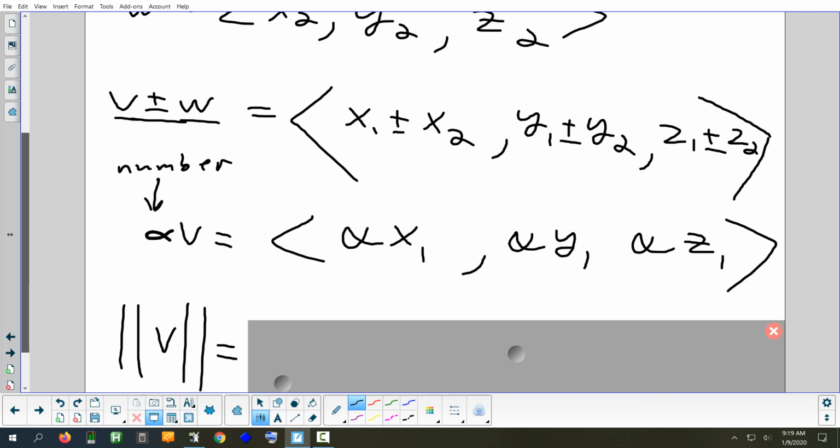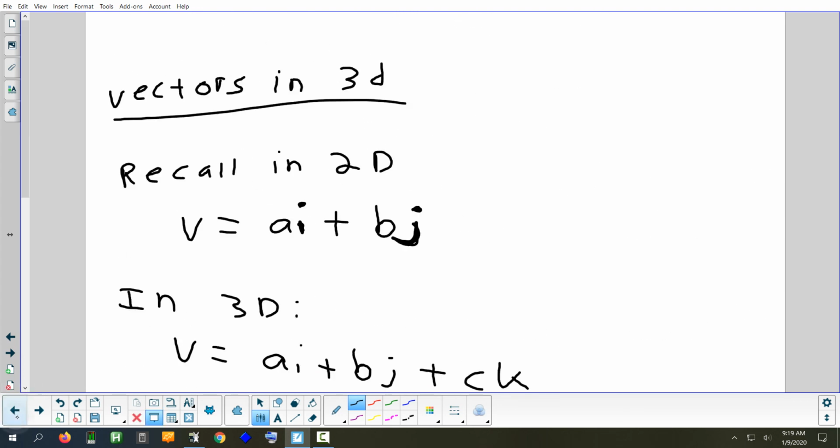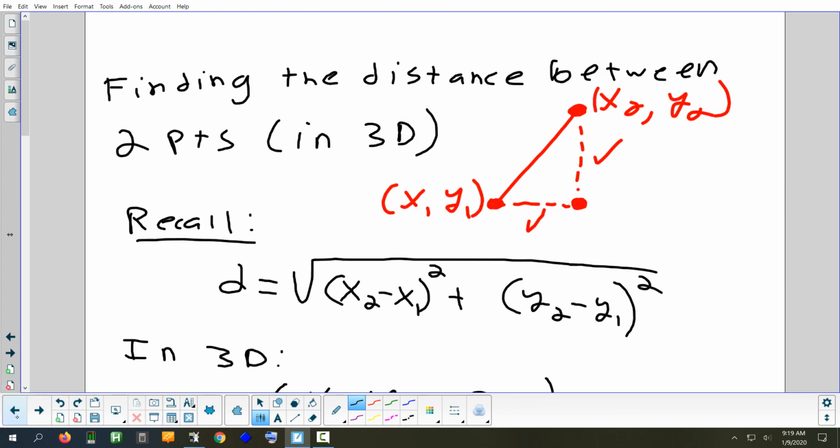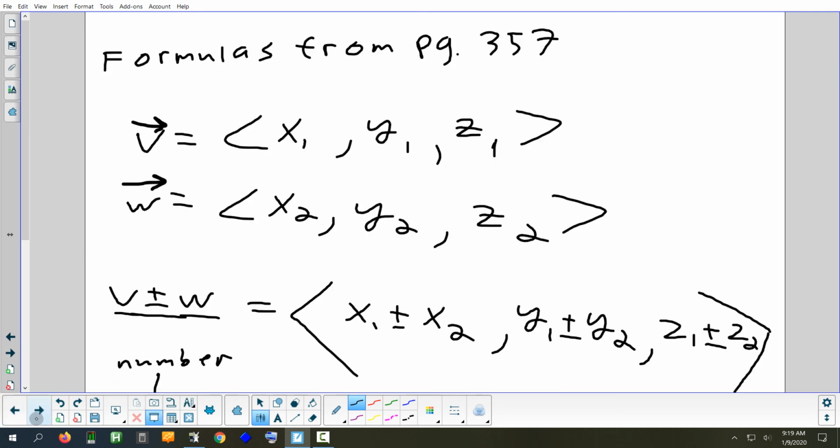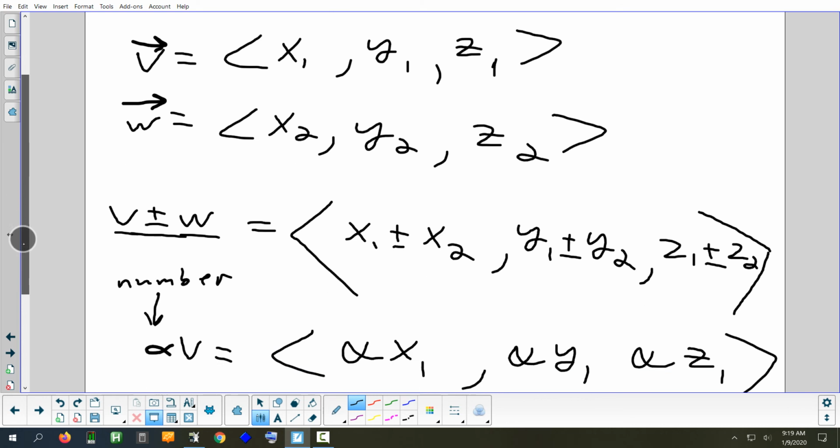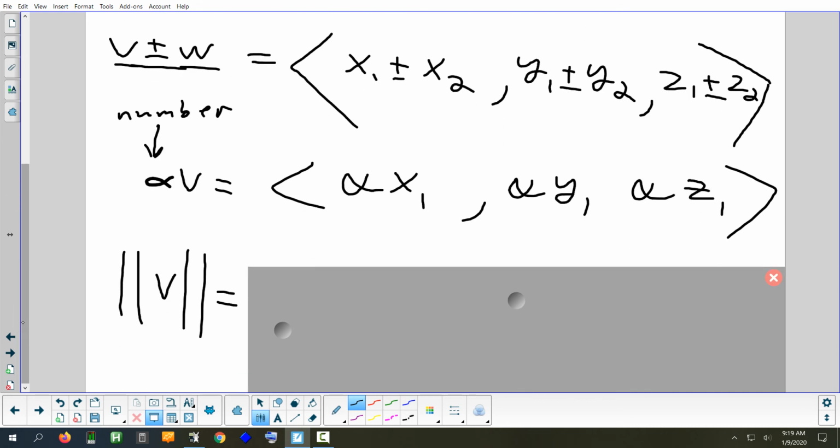Okay, and magnitude. So when we find magnitude, it's like finding the hypotenuse. I drew that earlier, back here somewhere, right there. It's like finding the hypotenuse of a triangle. And Gabe, when we want to find the hypotenuse of a triangle, what theorem is it? Pythagorean theorem.